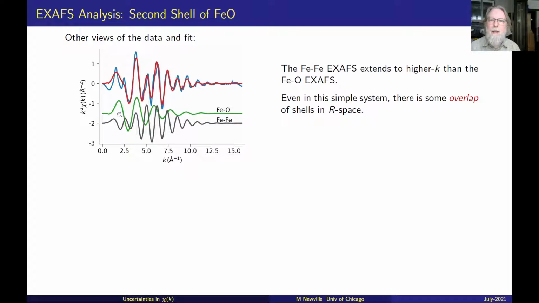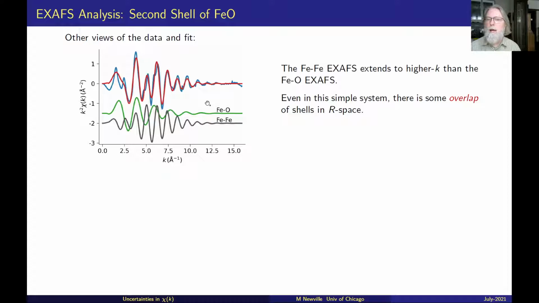And as you can see, the iron oxygen has a lower frequency. It's lower R. R is the frequency. It's lower R than the iron-iron. And you can also see that the iron oxide amplitude has sort of an envelope function that peaks up at lower k than the iron-iron. And that's the effective F of k. F of k for higher Z elements peaks up at higher k. So that's exactly what we would expect.